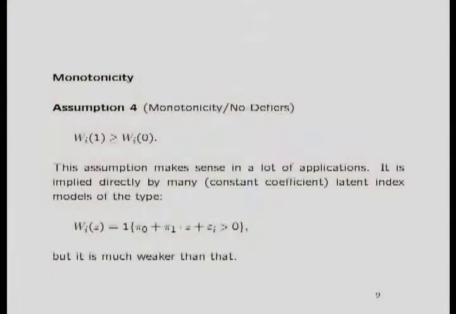To make some progress there, we're going to make the assumption that there are no defiers, which originally was called the monotonicity assumption, here written as W1 greater than or equal to W0. But really what it means is that we rule out this defier group. There's nobody always doing the opposite of what they're assigned to.